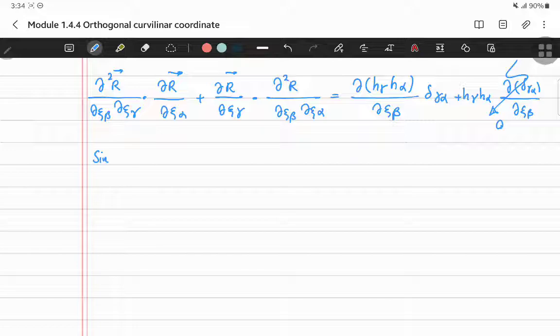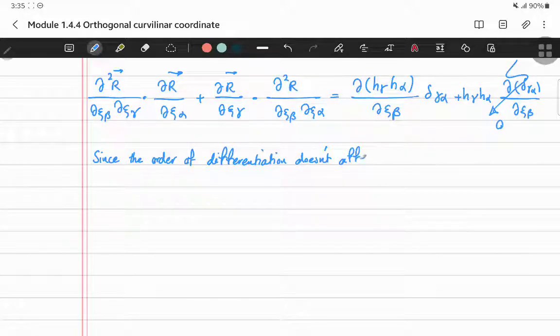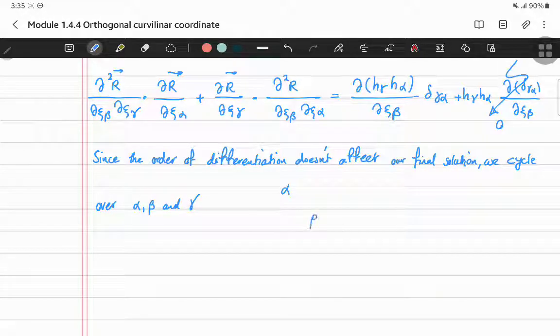So since the order of differentiation doesn't affect our final solution, we cycle over alpha, beta, and gamma.